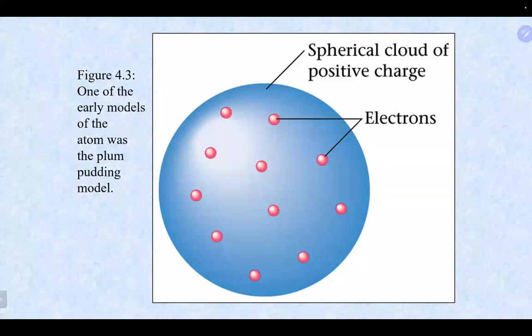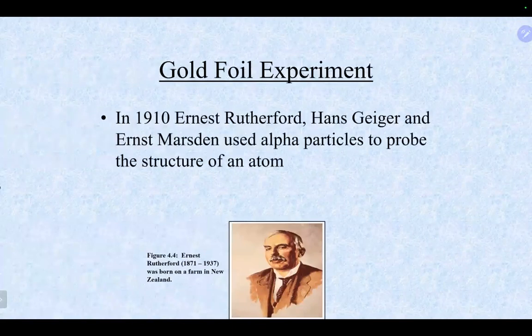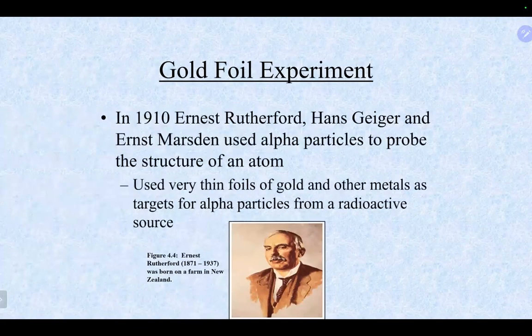This was a model that people believed atoms were, until the next major step along the way that helped us better understand the atom. And this was the experiment known as the gold foil experiment, done by Rutherford and others.